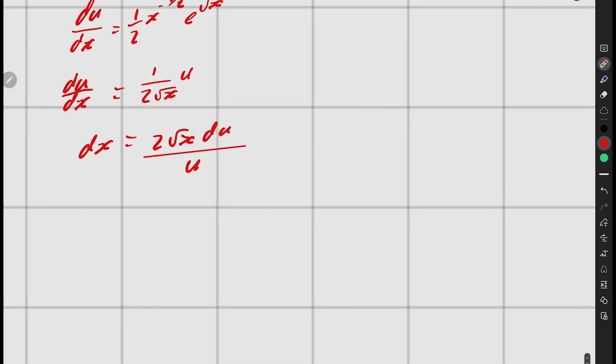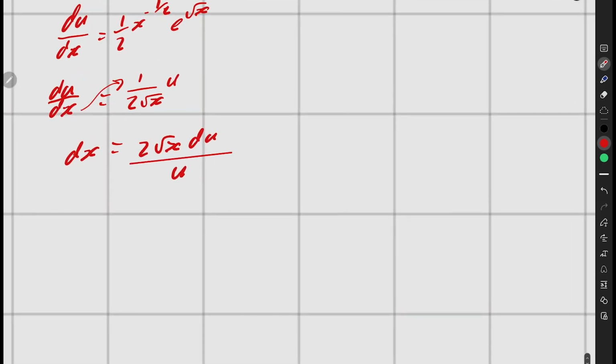Pretty much what we did, we brought the dx over to this side, then we divided. We did du divided by 1, divided by u over 2 root x, to solve for dx. So cross multiply: 2 root x du divided by u. So that's where we got that answer from.